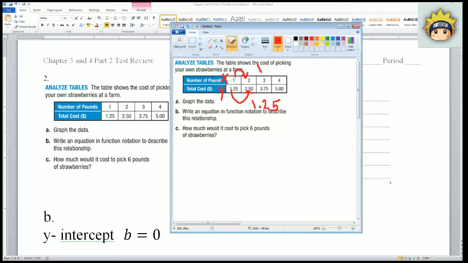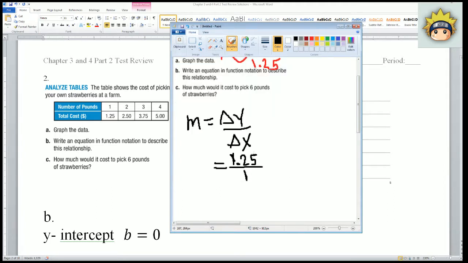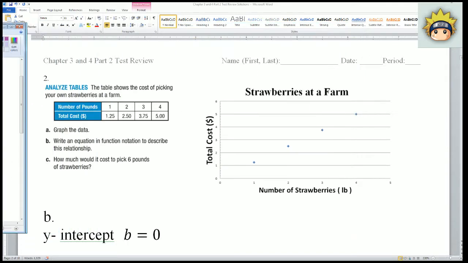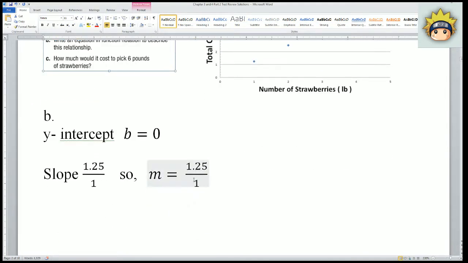This is 1. So my slope, which is defined as m, is equal to change of y over change of x. How much is y changing? 1.25. How is x changing? 1 to 2, that is 1. So that is the slope. 1.25 over 1. That's how I got it right here.